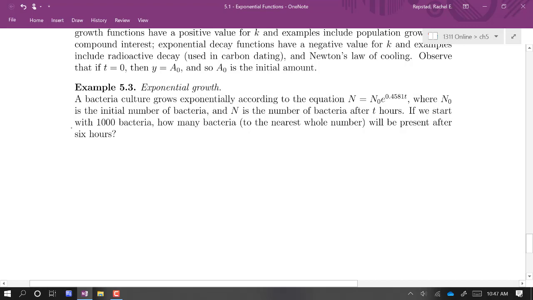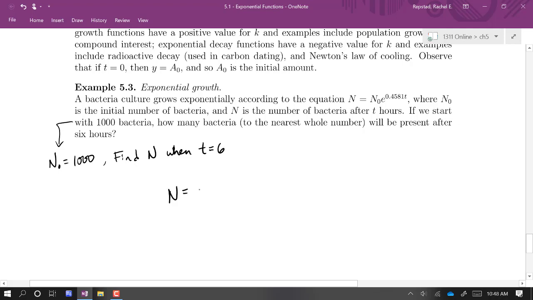Now, in this problem, they say we start with 1,000 bacteria. So that means n naught is 1,000. We want to know how many bacteria, to the nearest whole number, will be present after 6 hours. So we want to find n when t is equal to 6.